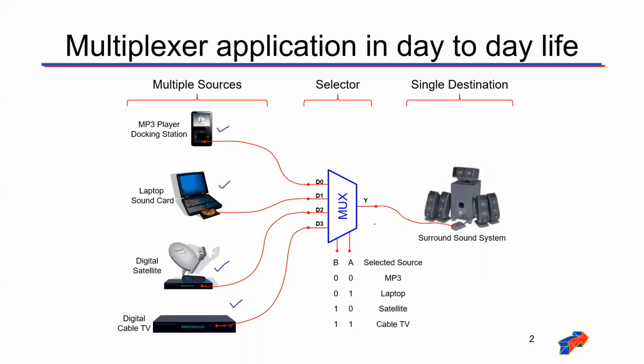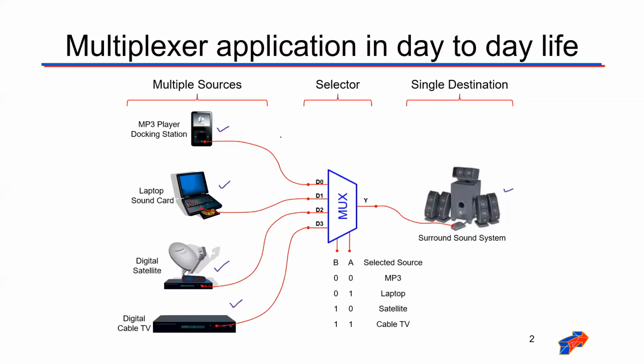But at a time, only one of them can be played on the sound system, because you cannot have four sound systems. The reason is that if you are staying in cities like Bombay, houses are very small, and if you keep five music systems, they will occupy so much space. So the best thing is to have only one music system or sound system, and you can select any of them using a particular key.